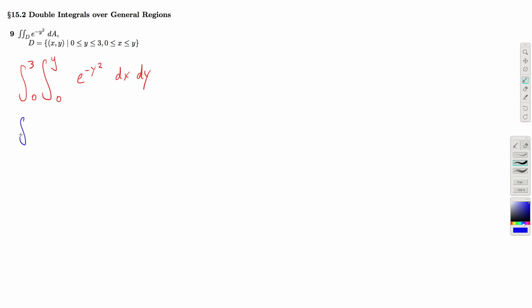So the first thing we do is we integrate with respect to x. So we're just going to add an x to the outside of it. And we're going from y to 0 of dy.